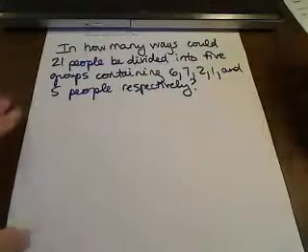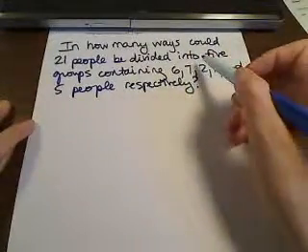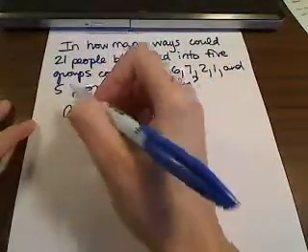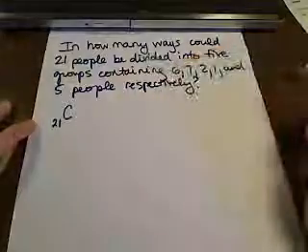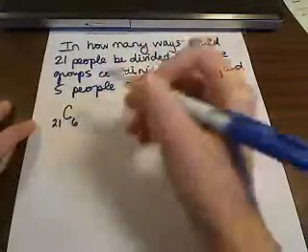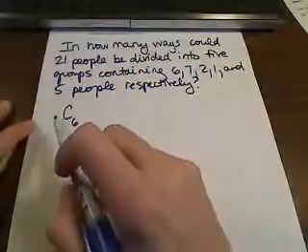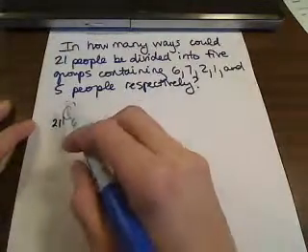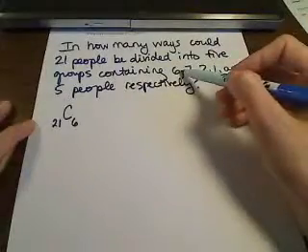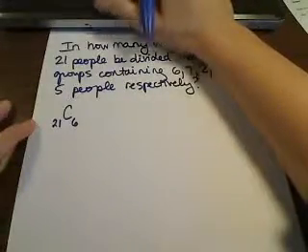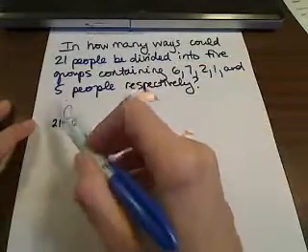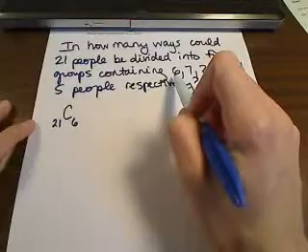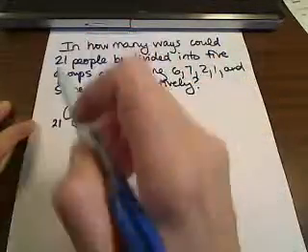And what I'm going to do is I'm going to think of each of these groups separately. So if I want to talk about the group that has 6 people in it, if I assign them first, then I actually have 21 people to pull from, and I'm pulling 6 of them to get that group. So a combination of 21 things taken 6 at a time would tell me the number of ways that I could get 6 people assigned to a group of 6 from 21.